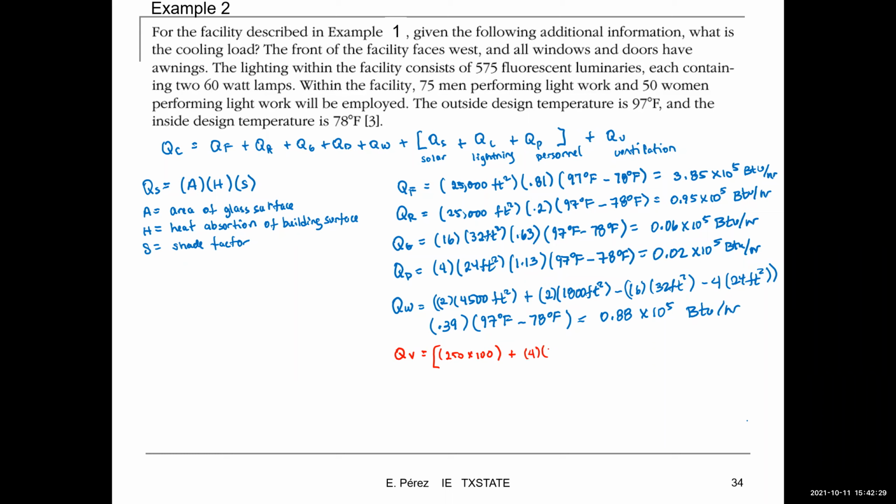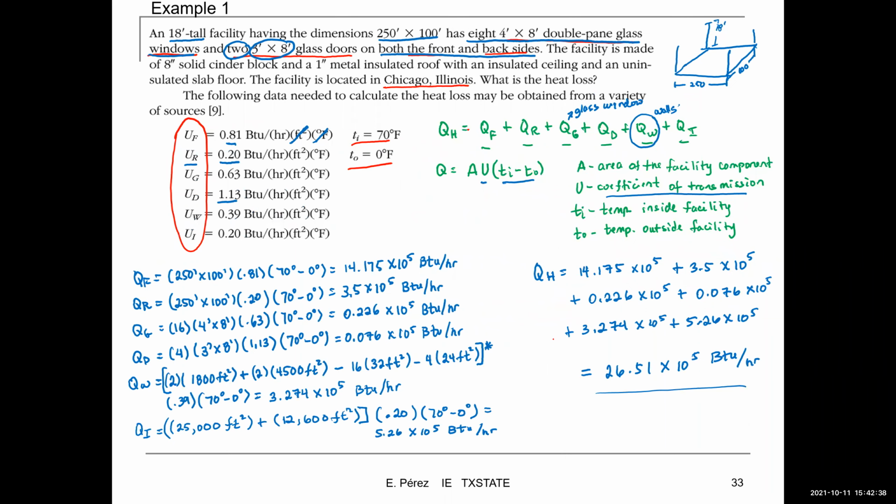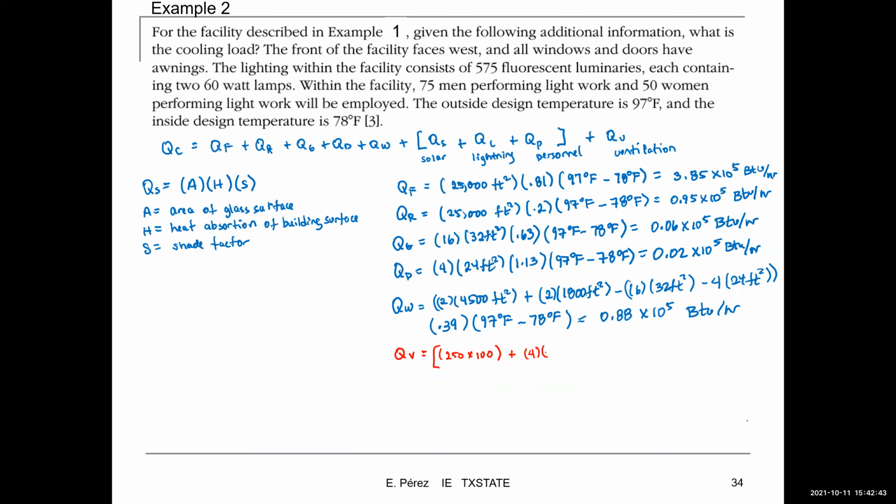If you get the area of the, 250, let's go back. 250 by 18. So this is two walls with an area of 4,500 and two walls with an area of 1,800.